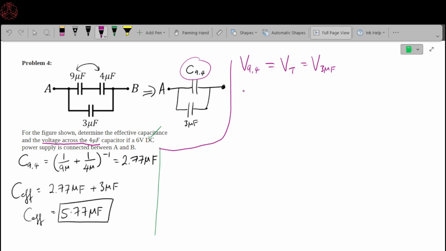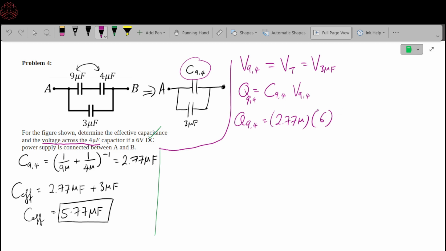So what I can do is figure out the charge across C9,4. So that means I'm going to have charge Q9,4. Okay. So C9,4 times V, which is just 6. Okay, so then my Q9,4 is simply going to be 2.77 microfarad multiplied by 6.